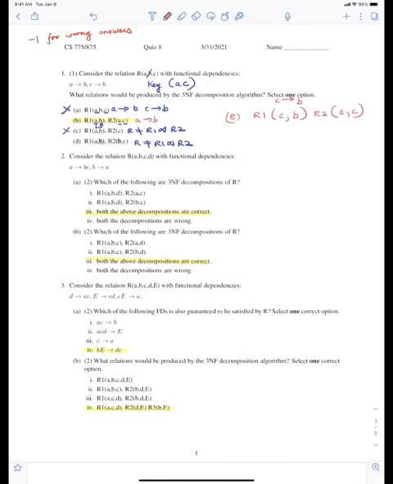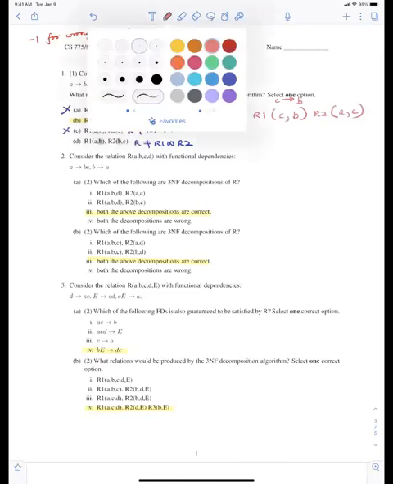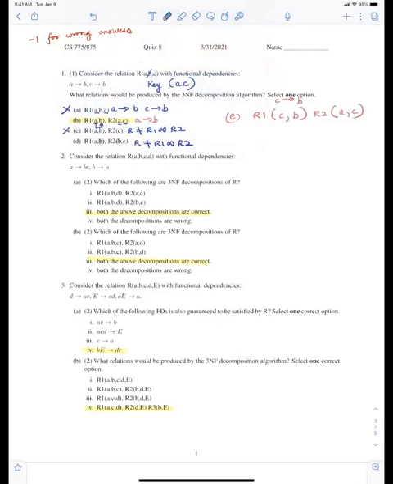For the second problem, we have 2 functional dependencies, A going to BC and B going to A. Again, you have to find the key. B and C are on the right-hand side, and A is on the right-hand side too. So D never appears on the right side anywhere.